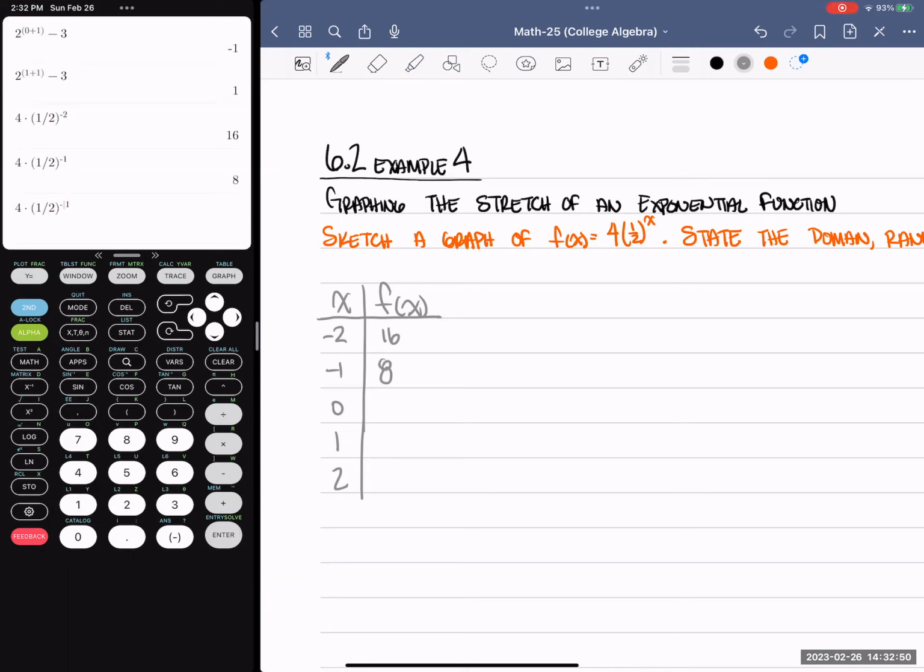To the power of 0 is 4. To the power 1 is 2, and to the power 2, that's 1.